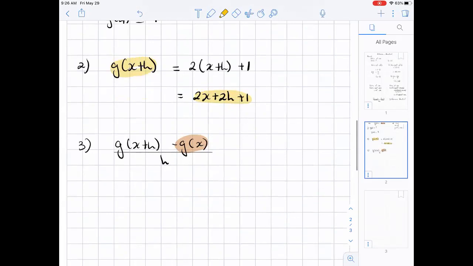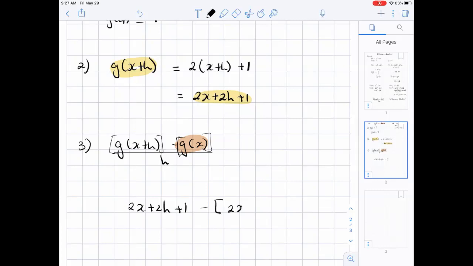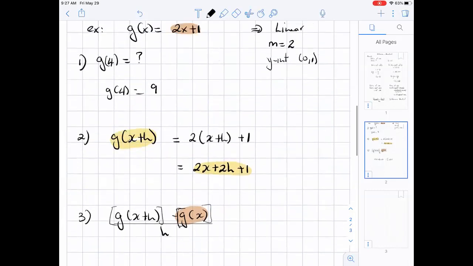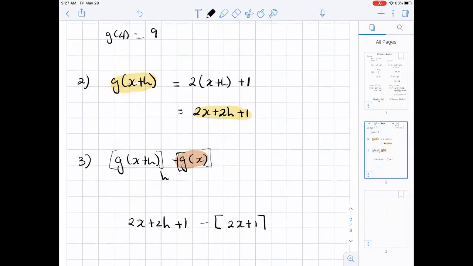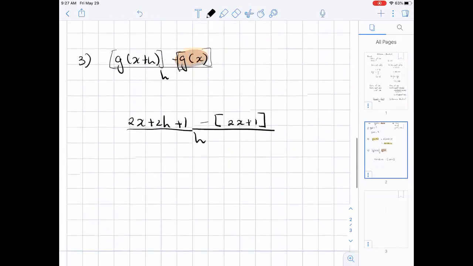So let's plug those things that we just found in. It will probably be wise if you keep these in brackets. So this becomes 2x plus 2h plus 1, minus, and especially keep this in brackets, g of x, which was given to you as 2x plus 1, everything over h.